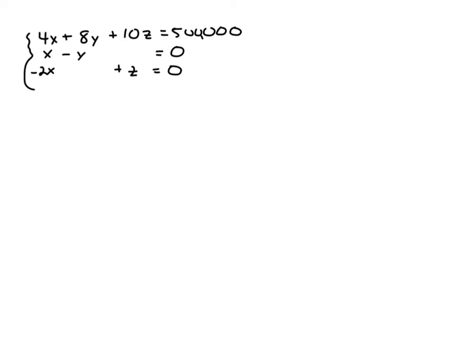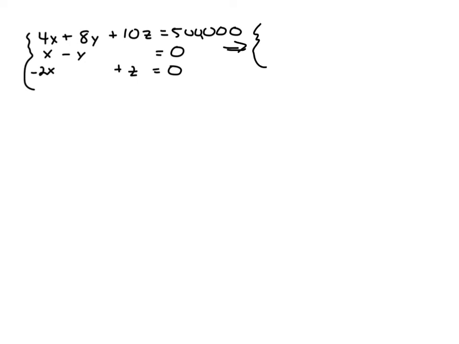Okay, so I'm trying to get this into upper triangular form, and the first thing I'm going to do is take this 4x and make it x as a leading term. To do that, I'll divide everything by 4.